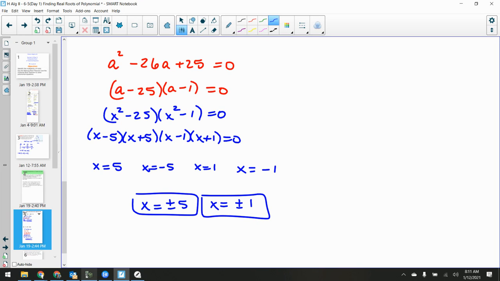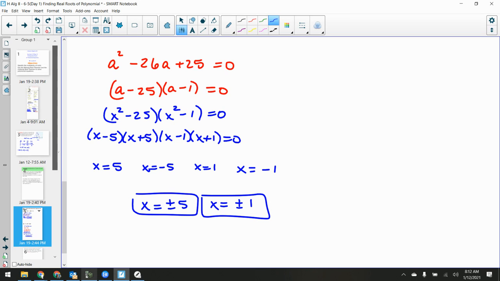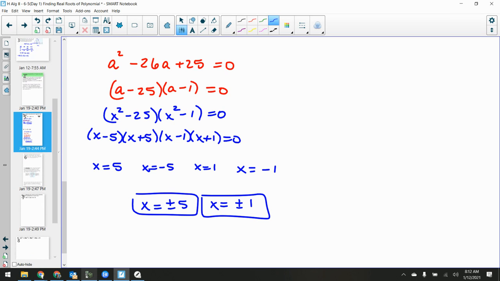Don't forget that whenever you write it plus or minus, that's really signifying 2 places. And again, remember all the synonyms. Roots of the function are zeros of the equation, are x-intercepts of the graph. So you can think where we can head here. In the long game here, we're going to be looking to see how to graph, just like we did with quadratics, finding the zeros so that we can more accurately describe the graph.